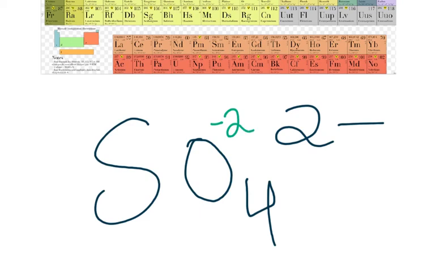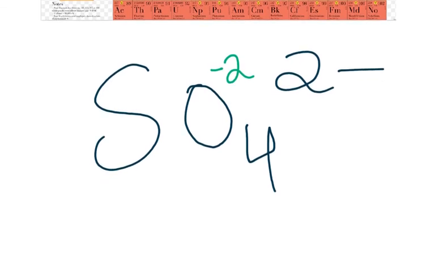If the oxidation number for oxygen is -2, and we have 4 oxygens here, then -2 times 4 is going to be -8. So -8 is our total oxidation number for all 4 atoms of oxygen. If you add -8 to the oxidation number of sulfur, it has to equal 2-.